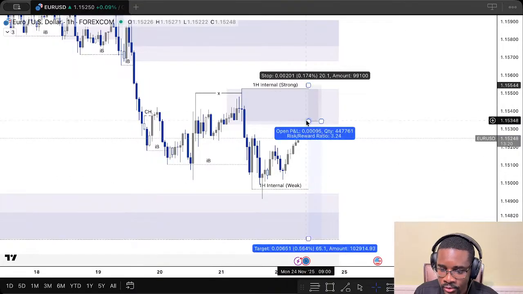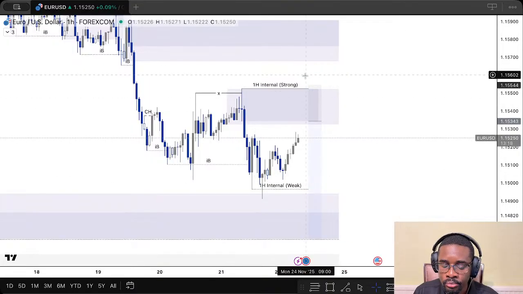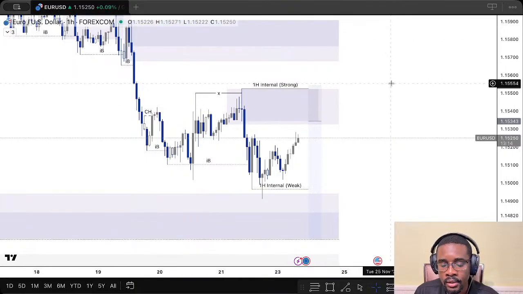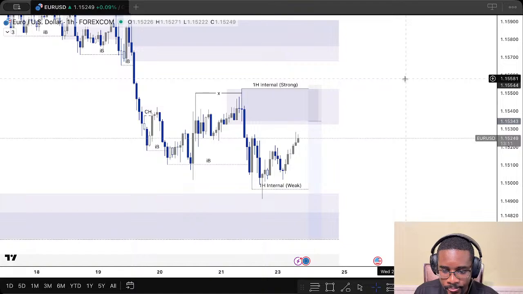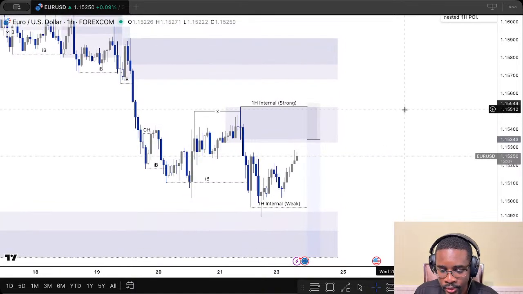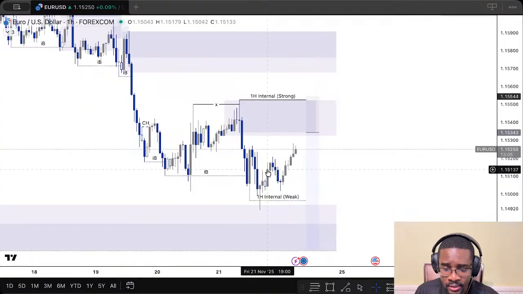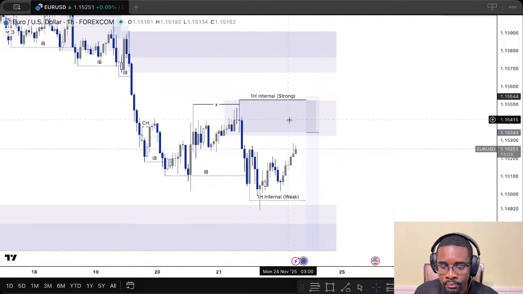Price could just blast through, continue bullish, break these highs, and then maybe target that supply area at the top. But as it stands, this is the supply area where I'm looking to take my shots.